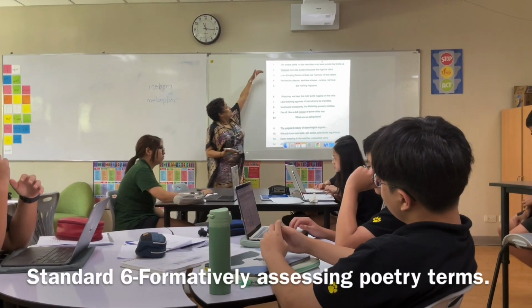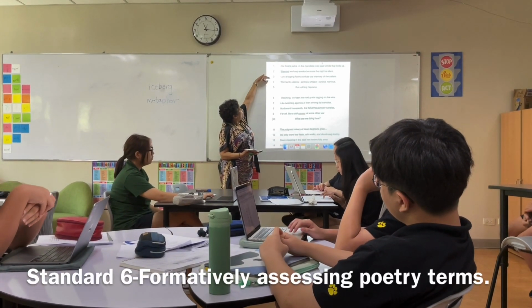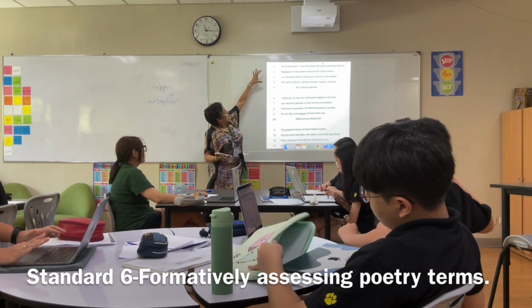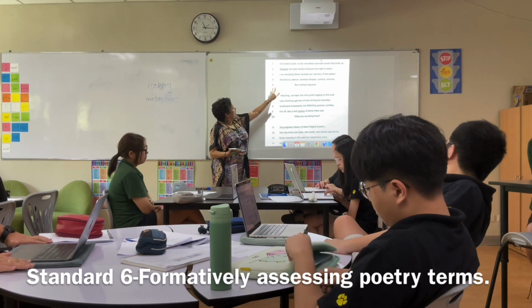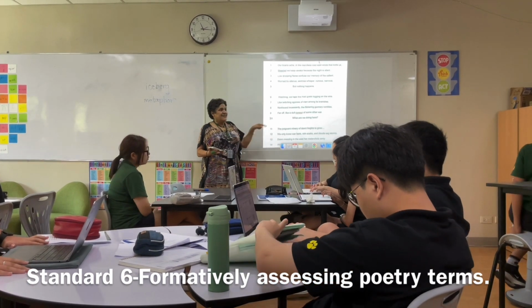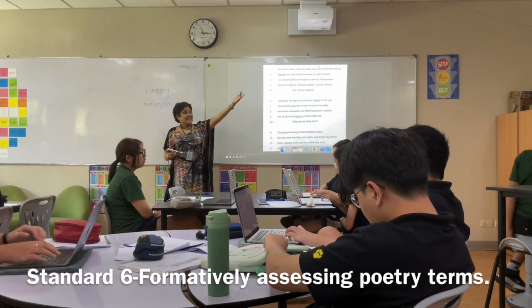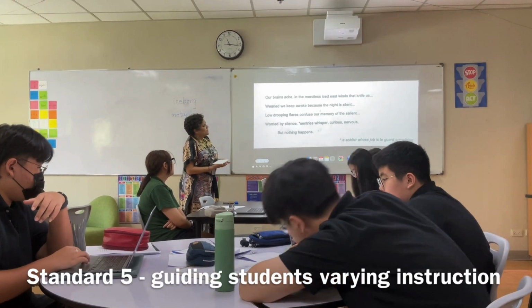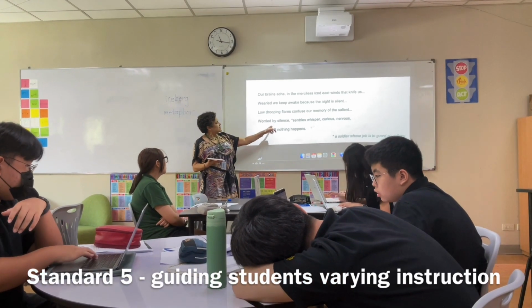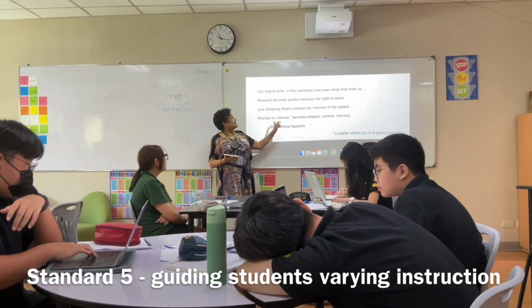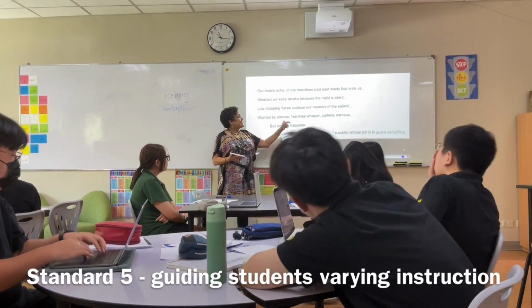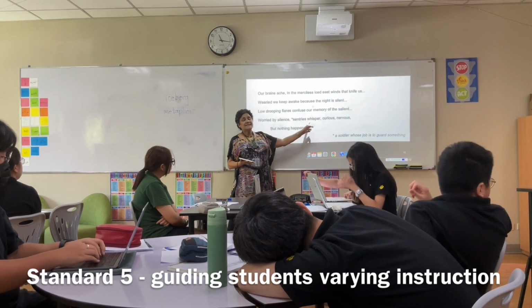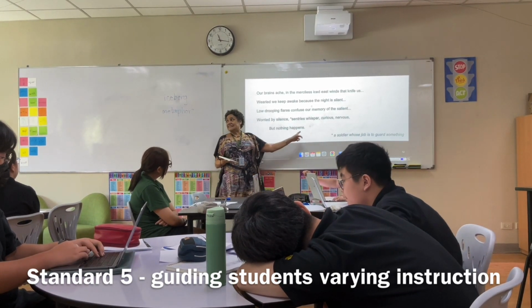Okay, so this is a line, 2, 3, 4 lines. Okay, so what is a group of lines? Benjamin. Stanza. Yeah. One thing that we notice in this sentence here, worried by silence, sentries, whisper, curious, nervous.